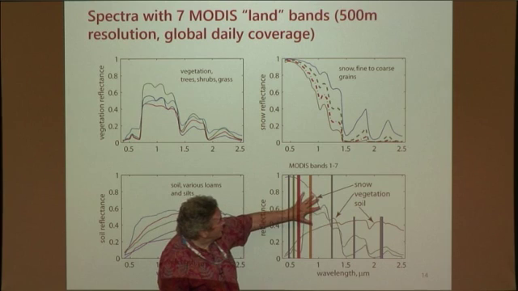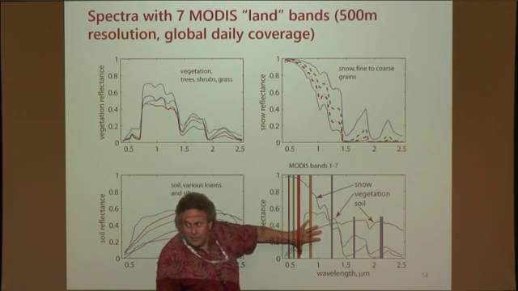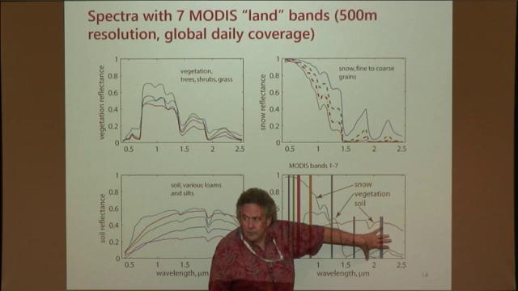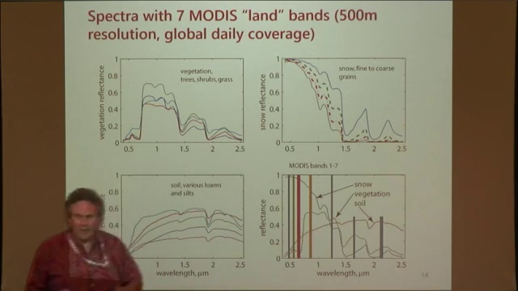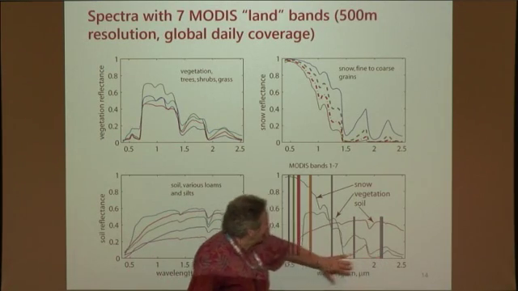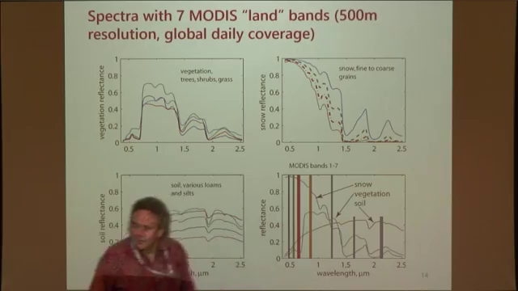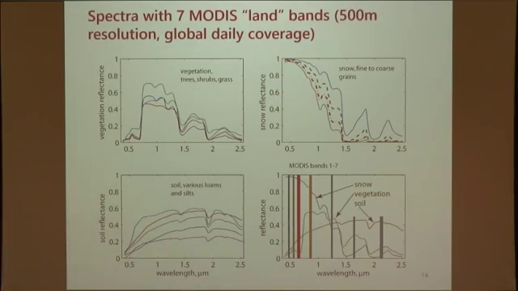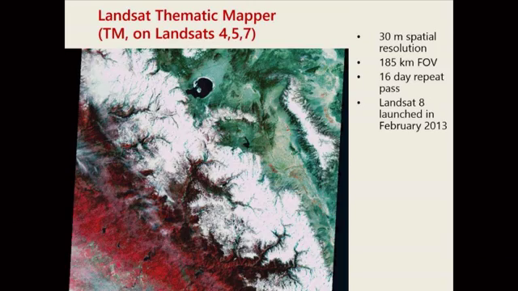It allows us to distinguish snow from the other elements, and out here, we can distinguish it from clouds. In other words, snow is about the only thing that is really bright in the visible part of the spectrum and really dark in the shortwave infrared, and sensitive to grain size in the middle between those. So if we have satellites that have this sort of spectral information, we can distinguish snow from other substances.